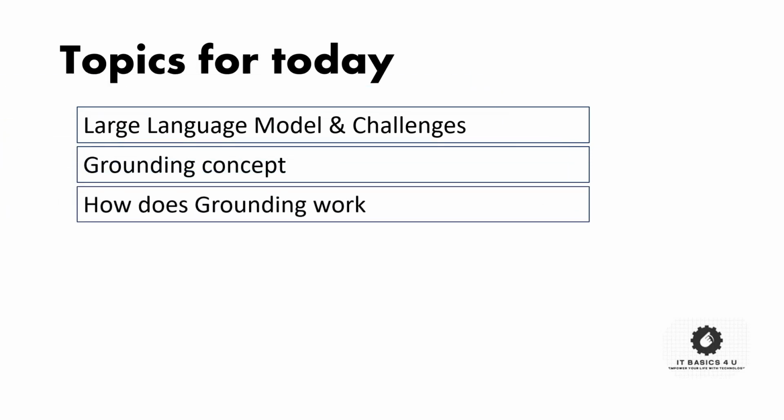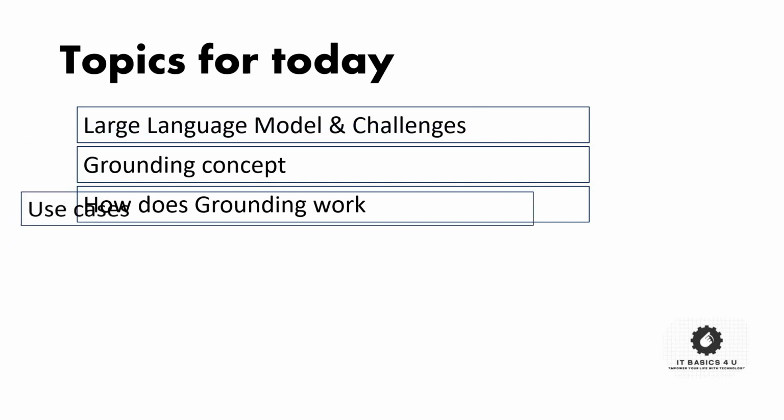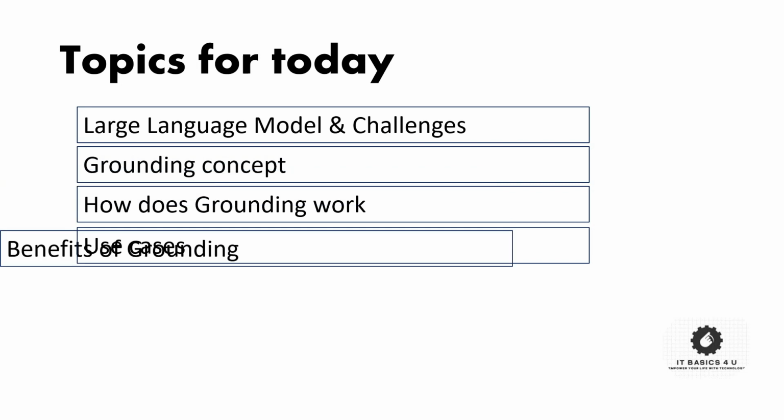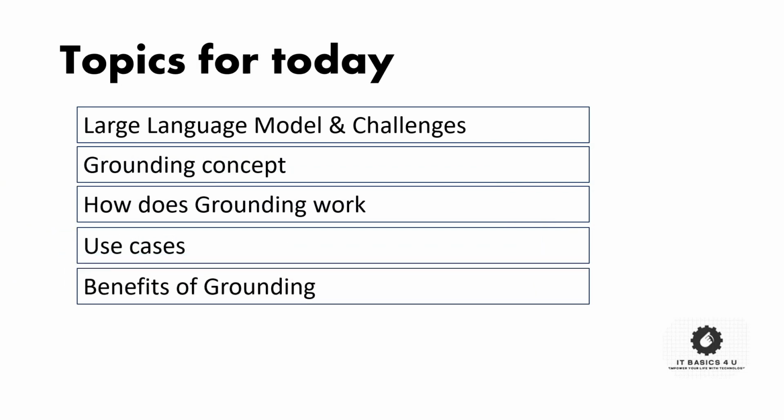We'll go into the basics of how we use grounding, how it works, what the base operation is that we need to do before grounding actually gets enabled, and how we use it for our own operations. We'll then see a use case around grounding, and finally come down to the benefits of grounding.